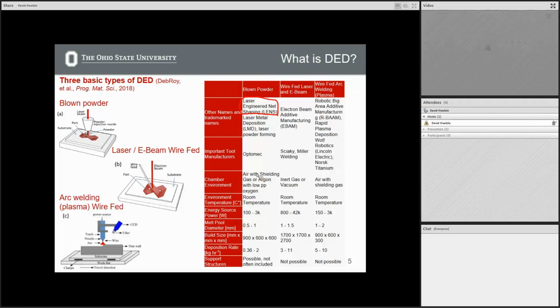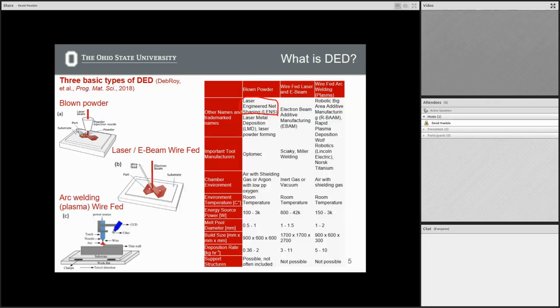The environment, I think, is interesting to think about. These are either air environments or with shielding. Just like the powder bed fusion systems, if you were to melt metal in air, you're going to get incredible amounts of oxidation on the surface, which is a negative material property. So either you have an argon environment, just like powder bed fusion, or you have air with some sort of shielding gas.